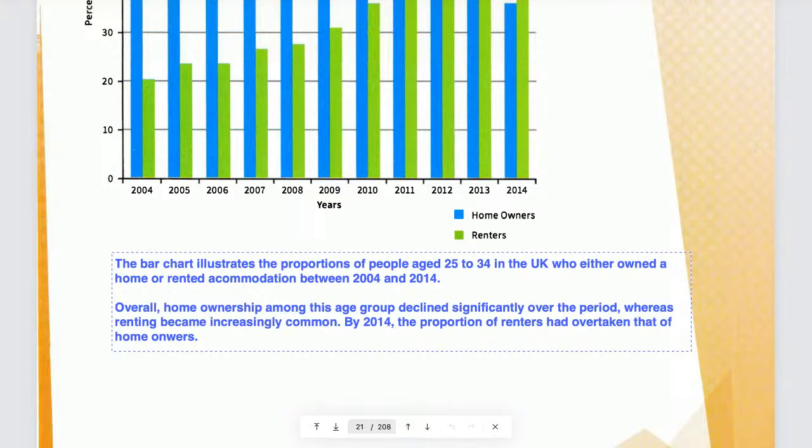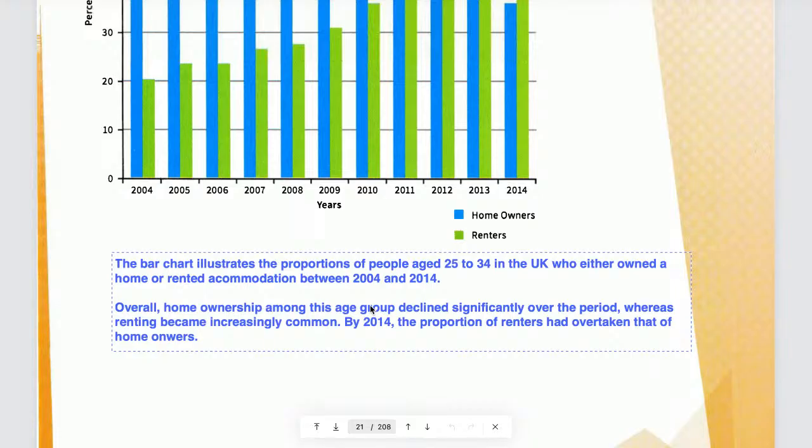Remember, you have to mention something about the age group, okay? What would happen if you didn't mention it? For example, if I say overall home ownership declines significantly over the period, is that okay? Why not? Exactly.